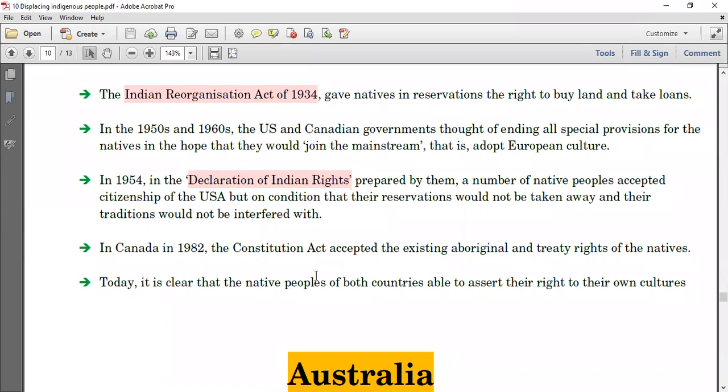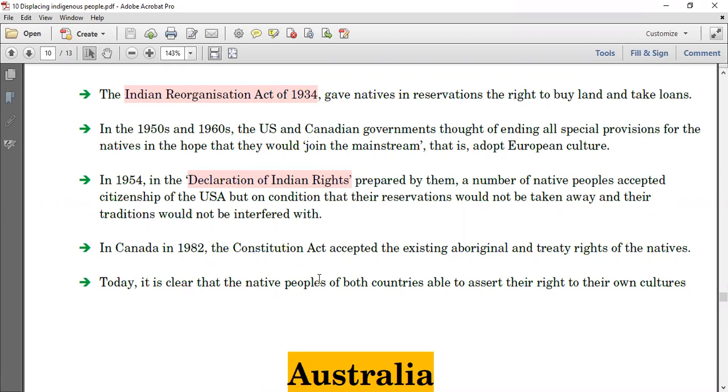In 1950 and 1960, the US and the Canadian governments thought of ending all the special provisions for the natives, in the hope that they would join the mainstream and adopt European culture.